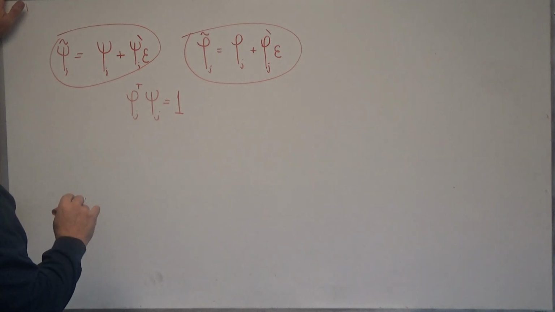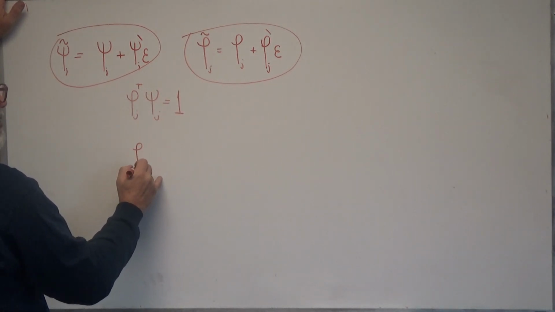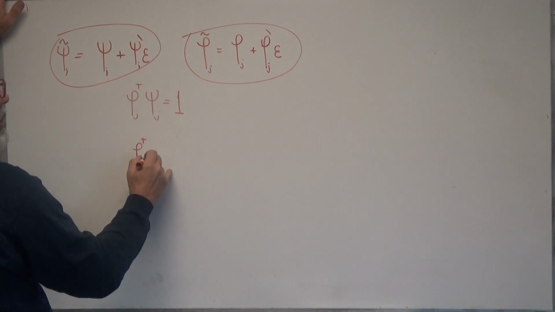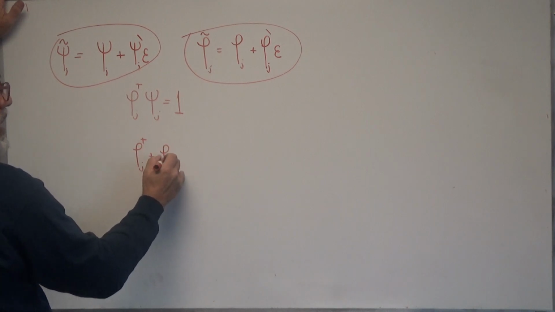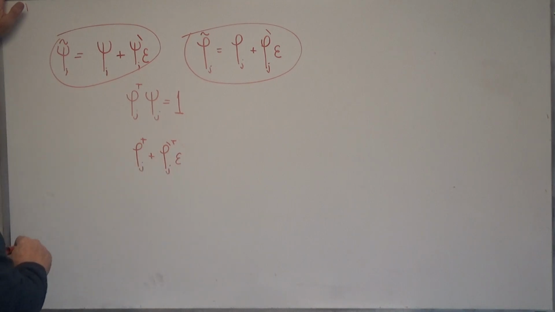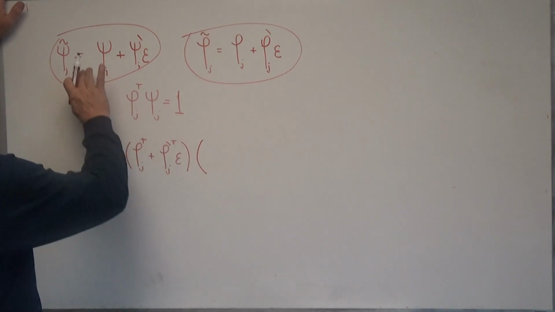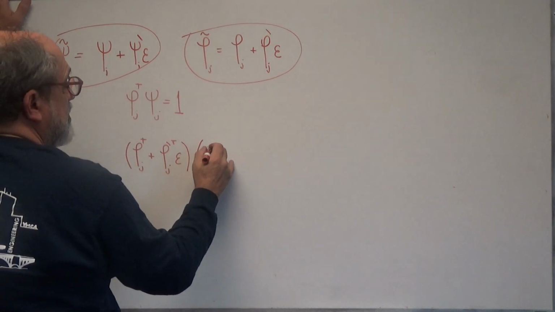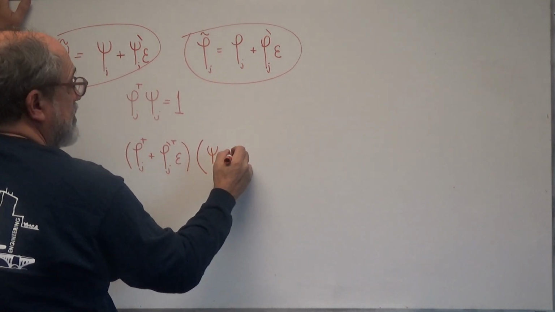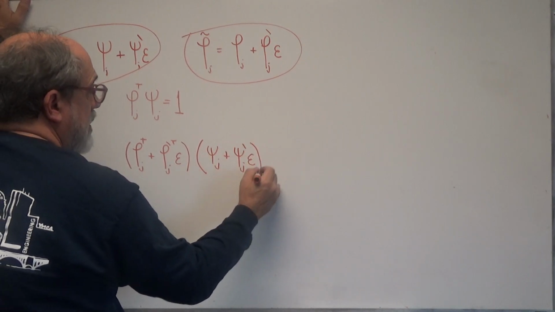So let's multiply them. So if I take this transpose, I get phi j transpose plus phi j prime transpose times epsilon, right? Because the epsilon is a scalar. And then we're going to multiply that times this, which is phi j plus phi j prime times epsilon.